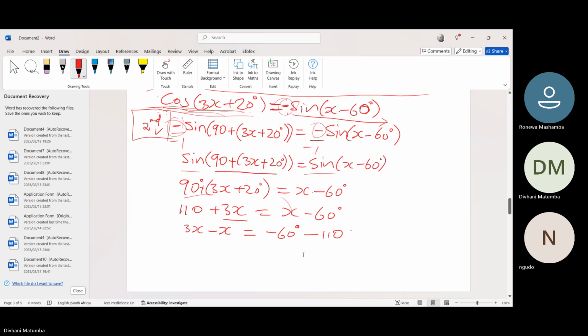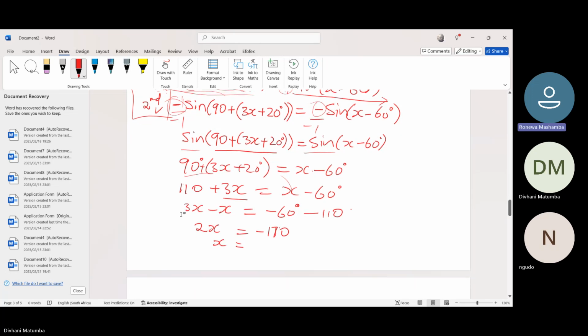So what is this? 2x is equal to minus 60 plus 110 is what? Negative 170? Negative 170, yes. And then x will be negative 85, minus 85 degrees.